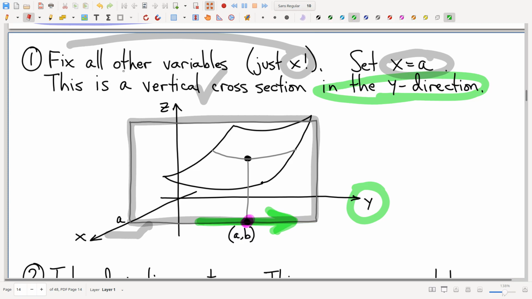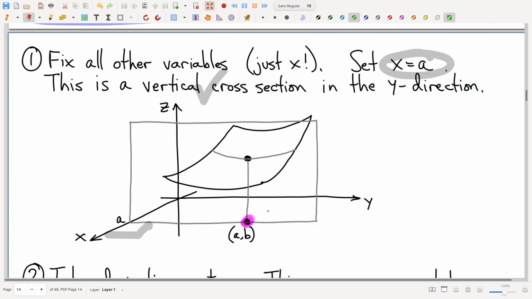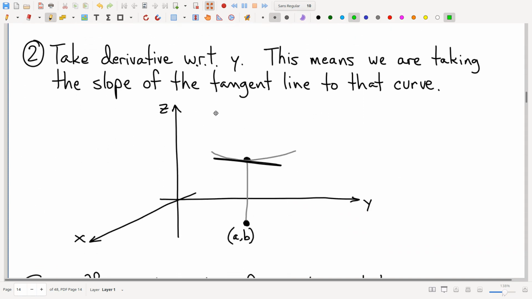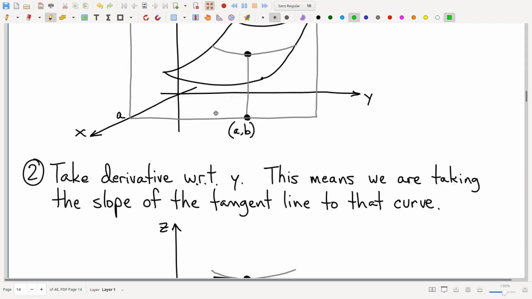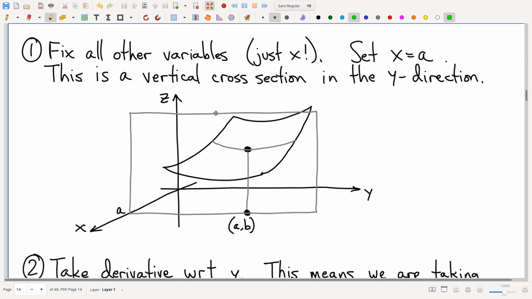Okay, second step in the process of computing a partial derivative is to take your resulting single variable function. You know what? Let me stay here for a second. Take your resulting single variable function and take its regular old, good old derivative. Okay, well, my resulting single variable function, keep in mind I've taken this cross-section of my surface. That cross-section is going to be a curve.